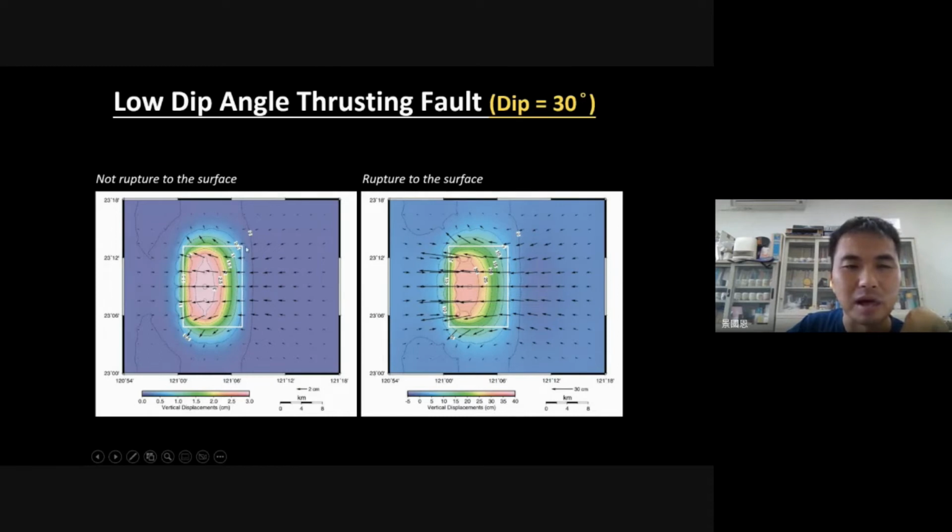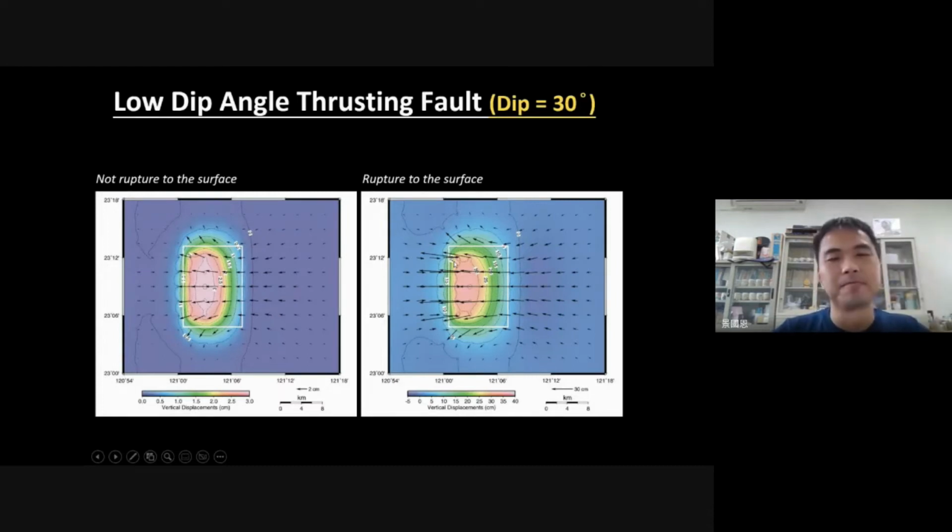The arrows are the horizontal displacement, and the color map just shows the vertical displacement. So here we could see the horizontal displacement shows a similar pattern, but the magnitude of this case is higher.